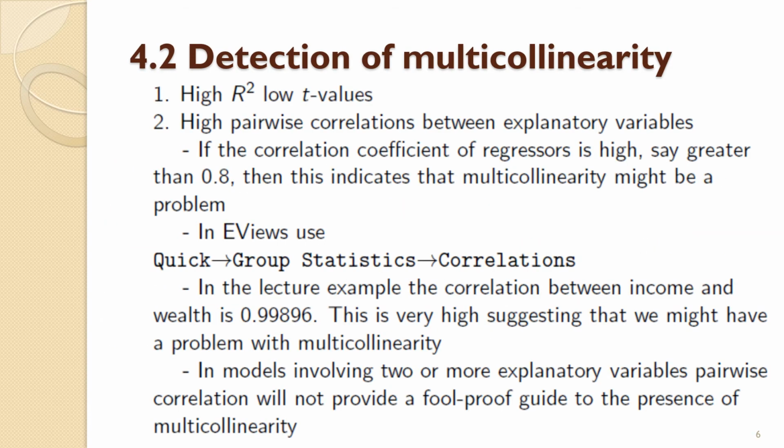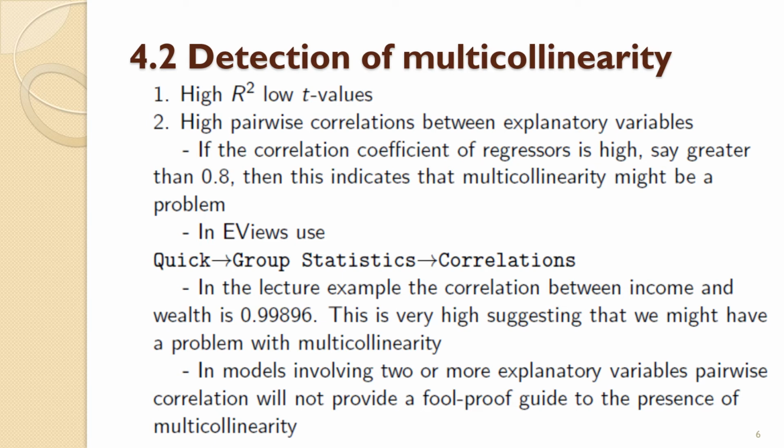Emphasizing then, when it comes to detection of multicollinearity, the most practical thing I found from my experience has been having simultaneously a high R squared value and low t values, and this contradiction indicates multicollinearity. You might also look for high pairwise correlations. They're unlikely to be as high as in the previous lecture example, but if you had say a correlation coefficient greater than 0.8, then this would indicate that multicollinearity might be a problem.